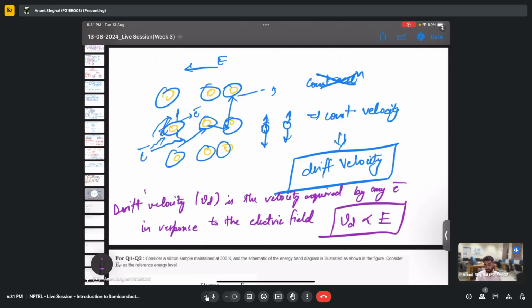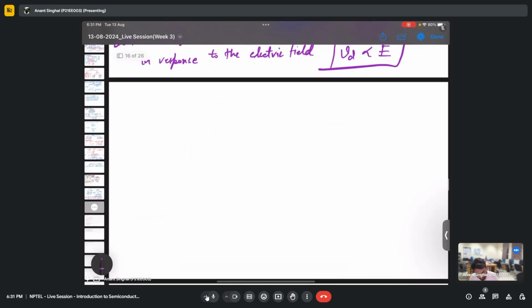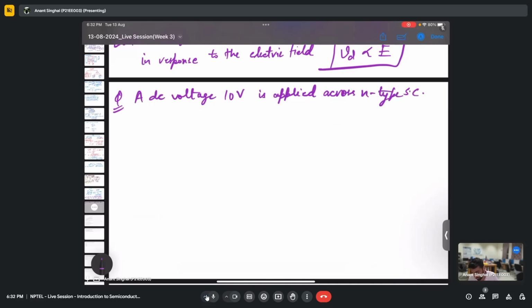So moving forward, let's try to solve a very simple question, as I have already demonstrated. The question says that we have a DC voltage of 10 volts applied across an n-type semiconductor, a rectangular semiconductor having a cross section and a length of 1 centimeter.